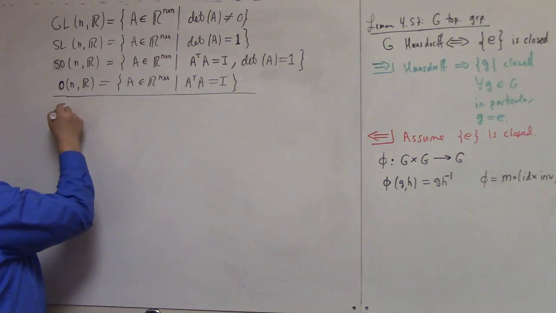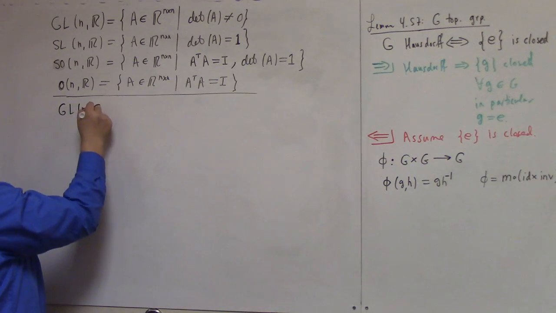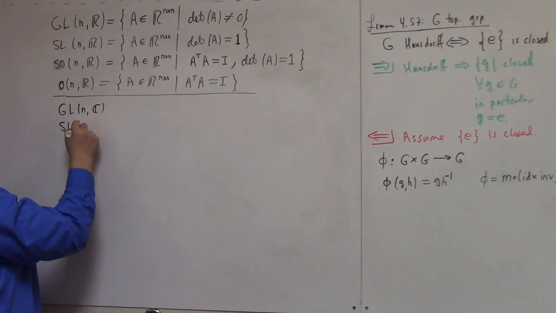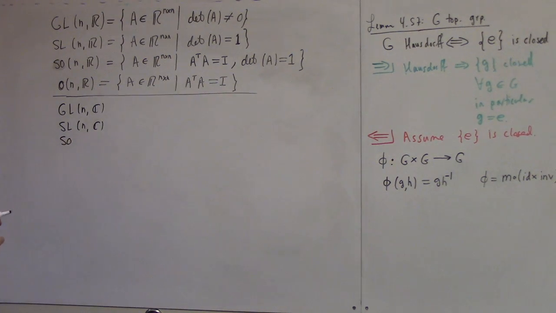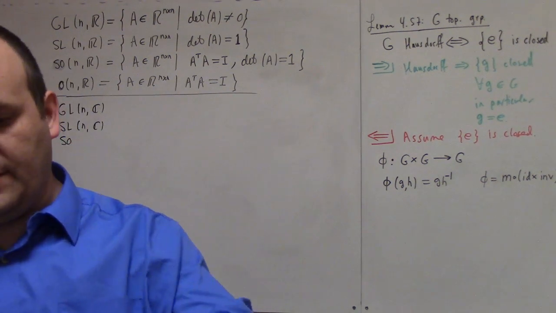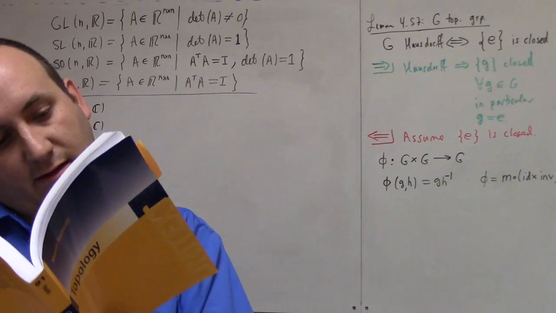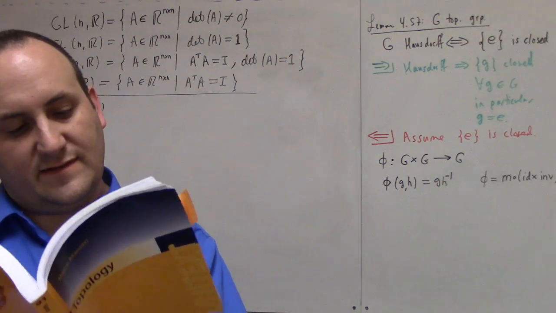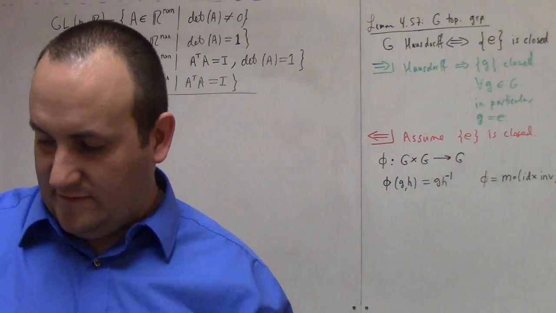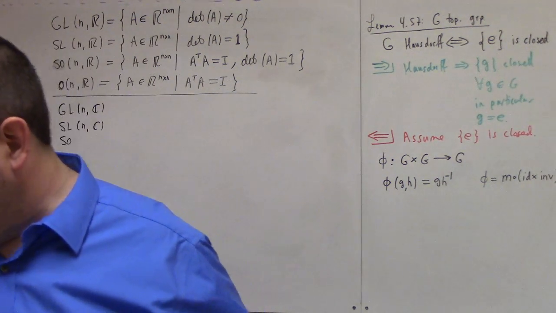You can talk about GL(n,C). You can talk about SL(n,C). You can talk about SO(n). Oh, wait a minute, no, we don't talk about that. We talk about SU(n,C). Well, he talks about U(n,C). Oh, U(n,C), I don't like that at all. That's more special than O(n).